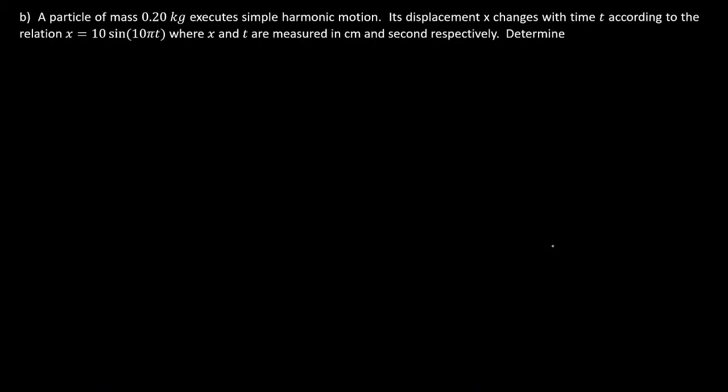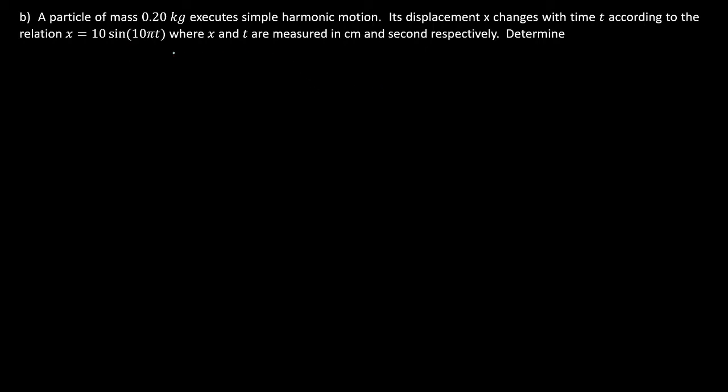A particle of mass 0.20 kg executes simple harmonic motion. Its displacement x changes with time t according to the relation x = 10 sin 10 pi t, where x and t are measured in centimeter and second respectively.